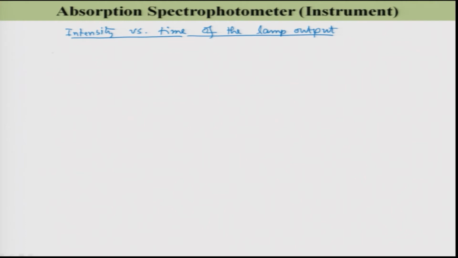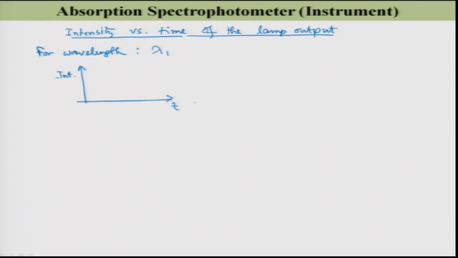The wavelength, obviously, I have already selected lambda 1. So, for wavelength lambda 1, I am going to plot the intensity versus time.